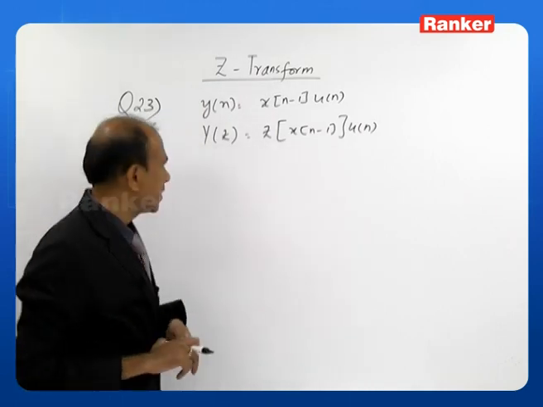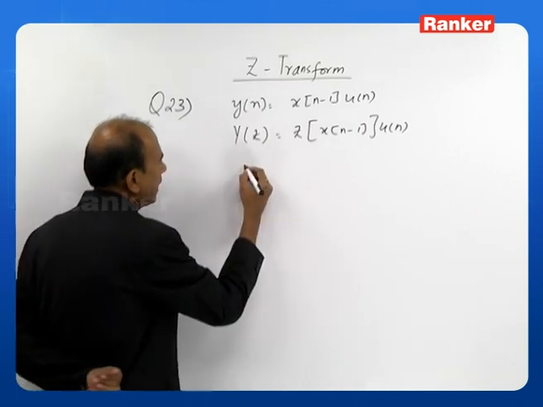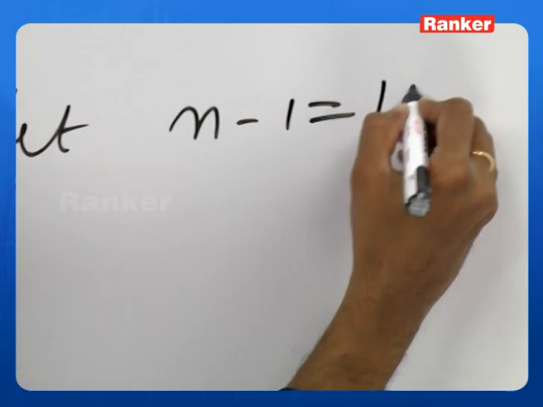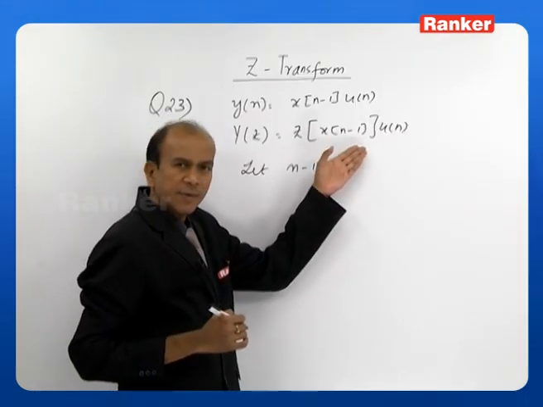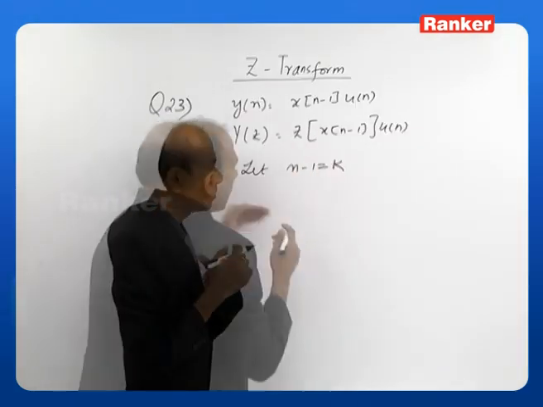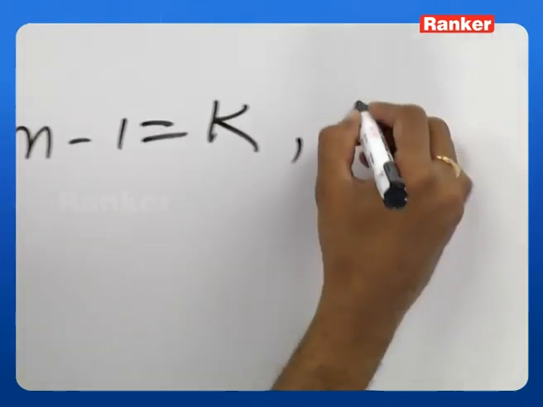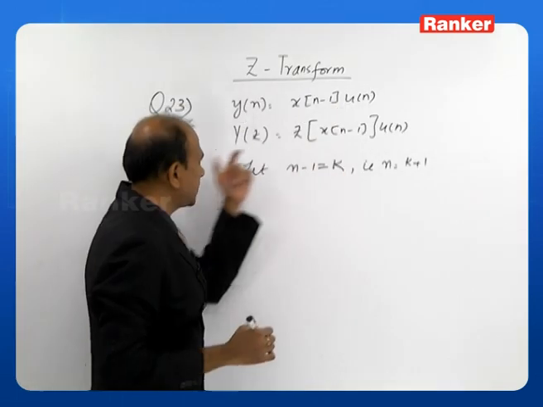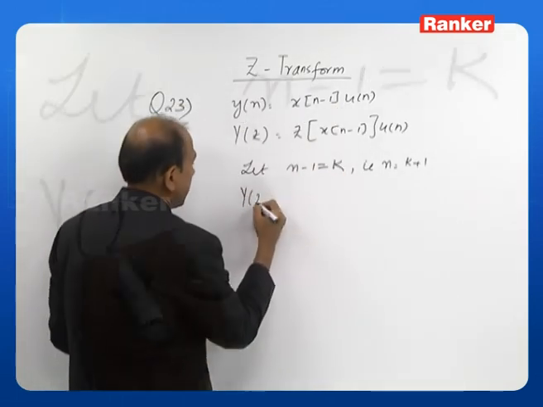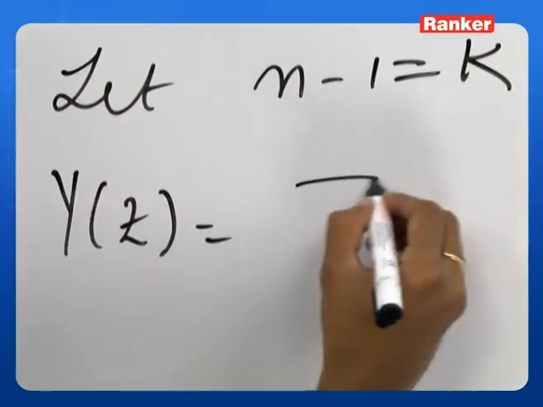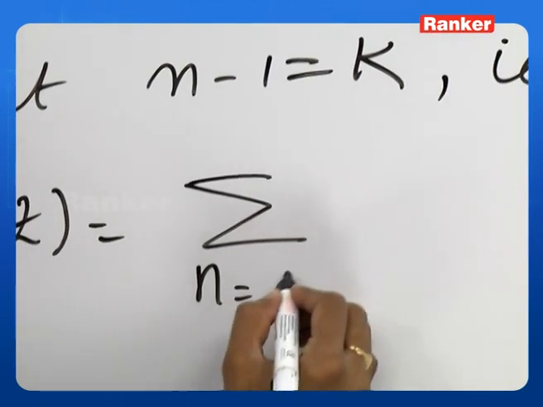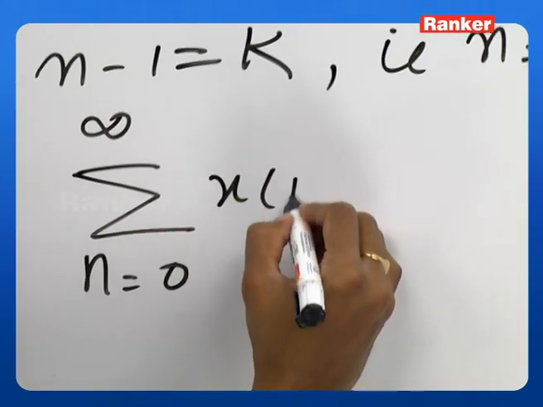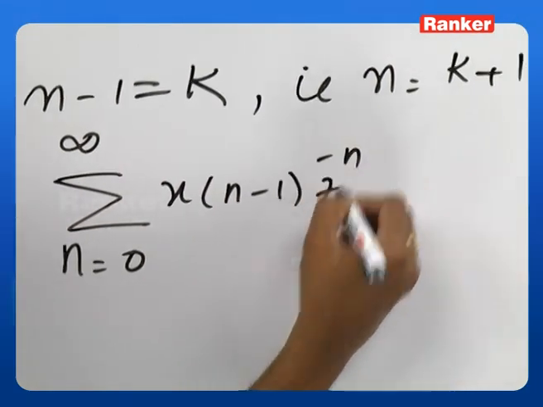Let us write down: let n minus 1 be equal to k. That is, what is n? n is k plus 1. So Y of z now will be equal to the summation from n equal to 0 to infinity of x of n minus 1 z to the power of minus n.